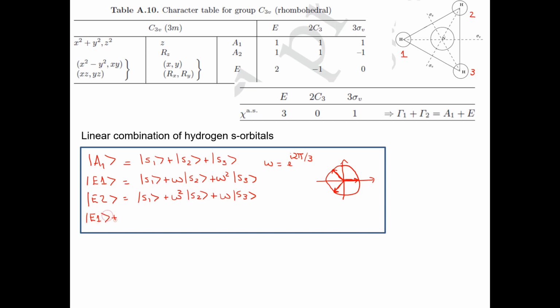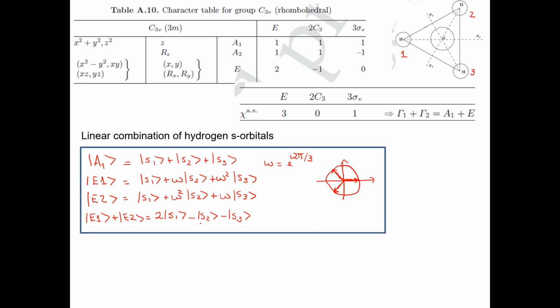If I sum E1 and E2, I'm not worried too much about normalization here, I get 2s1, and notice that omega plus omega square is actually -1. So this is 2s1 minus s2 minus s3. It becomes a function expansion with real coefficients.